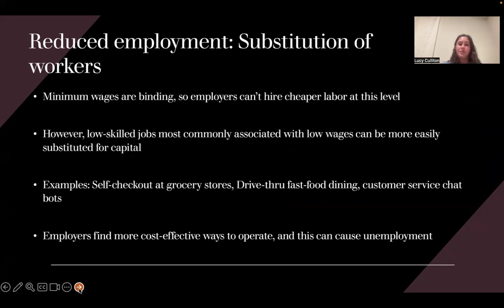However, low-skilled jobs are most commonly associated with low wages, and they can be more easily substituted for capital. Some examples of these are self-checkouts at grocery stores, drive-through fast food dining, and customer service chatbots, all of which have been implemented and reduced the need for low-skilled workers and most likely also low-wage workers. Employers find more cost-effective ways to operate, and this can cause unemployment.